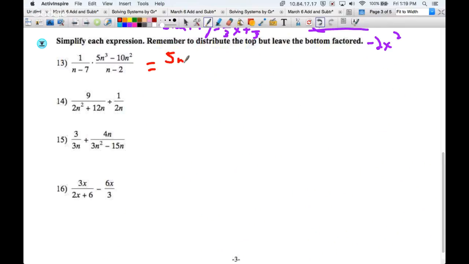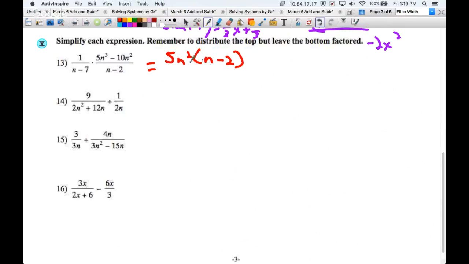I can pull out a 5n squared, leaving behind an n minus 2, I believe. Let me double check that by just distributing it. Yep.